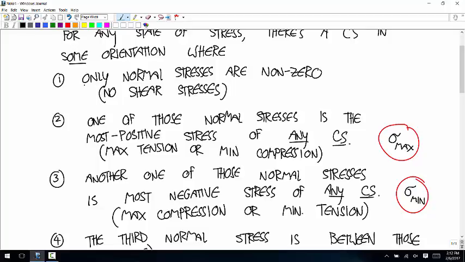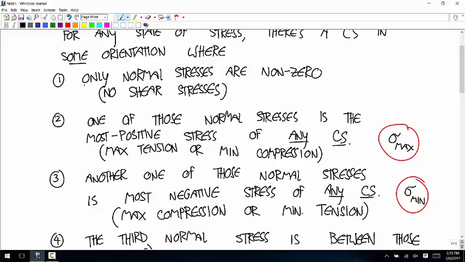And that would just seem like surprising math trivia, except that it turns out that when you find that one coordinate system where all you have is normal stresses, 2 of those 3 stresses you get are super significant physically.